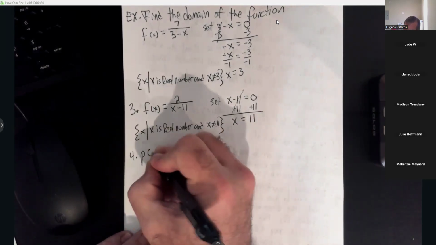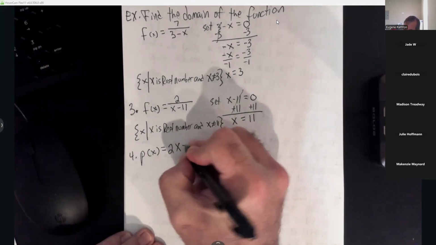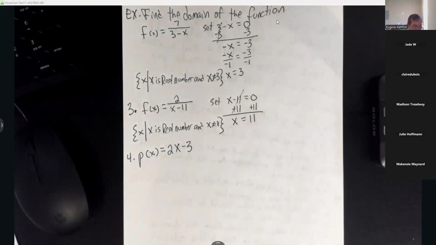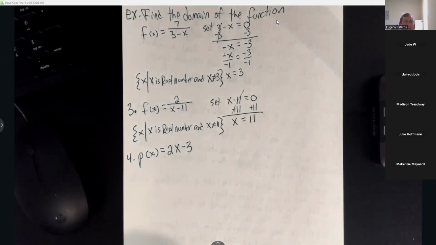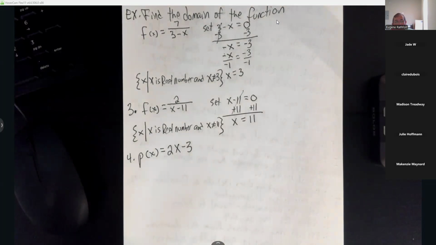Oh, yeah, what about this one? P of x equals 2x minus 3. All right, so what would that domain be? Oh, so I sort of got y'all on this one because y'all don't even see a fraction there. So remember what we said over here.